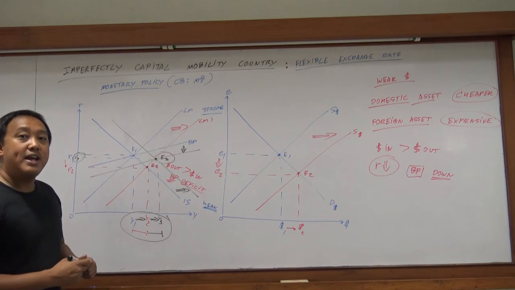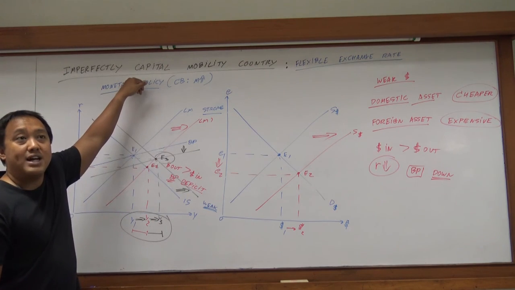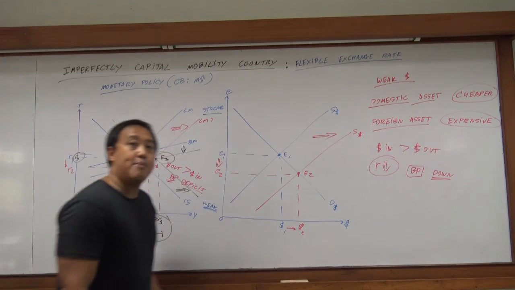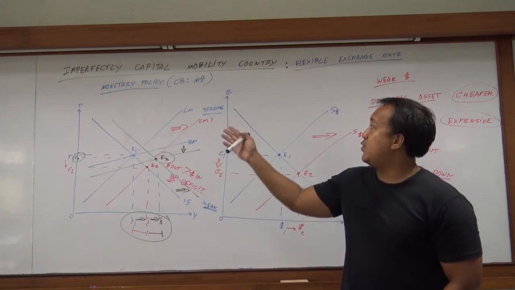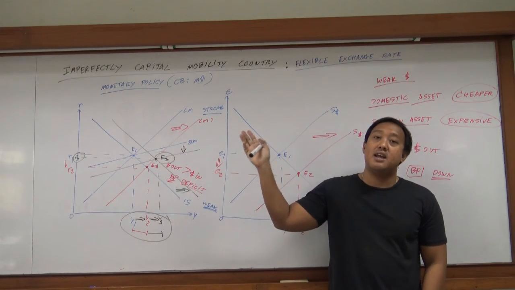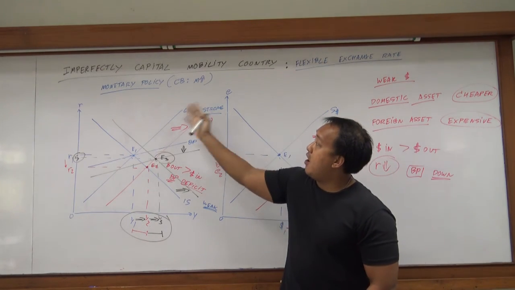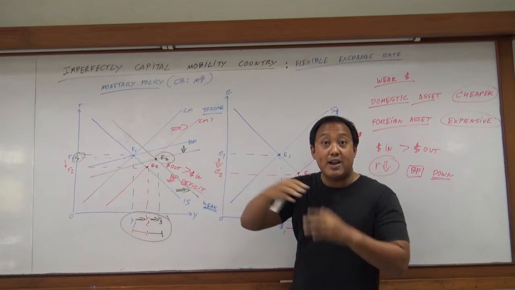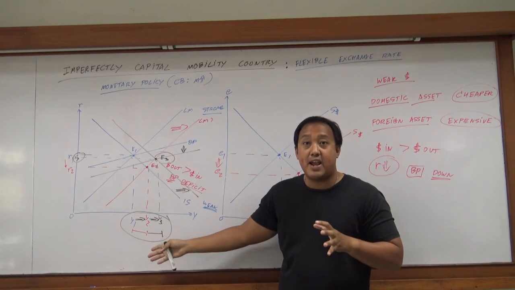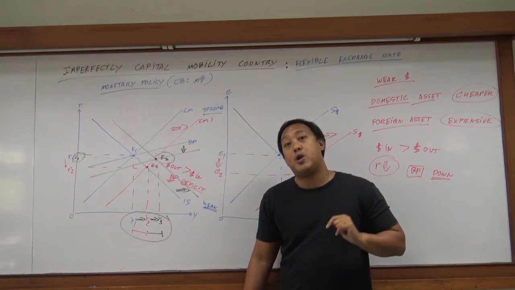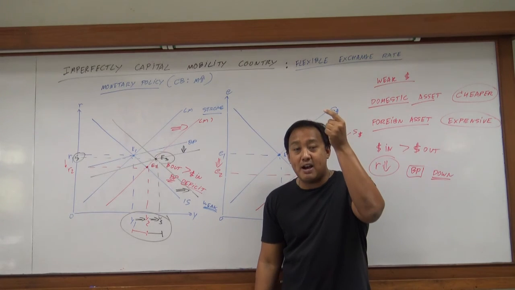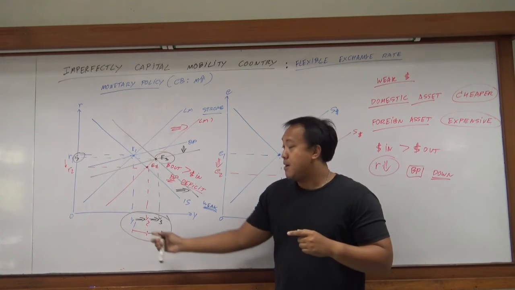So what does it mean? It means that if your country has imperfect capital mobility and uses a flexible exchange rate, the effect of monetary policy is very large and positive, compared to fiscal policy, which has only a small positive effect.